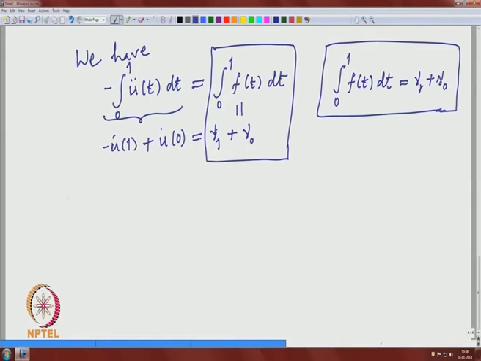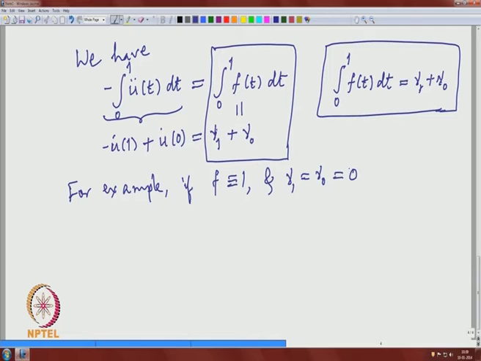Okay. So, for example, if f is identically equal to 1 and gamma 1 equal to gamma 0 is 0.